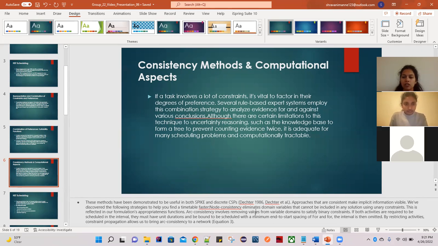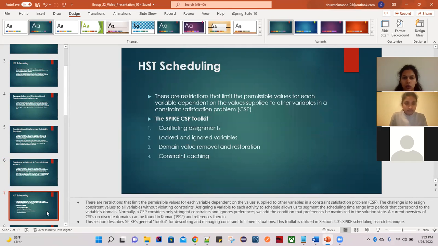This is reflected in the formulation functions. If both activities are required to be scheduled in the interval, then they must have unit durations and be bounded to be scheduled with a minimum end-to-end spacing approach. Coming to the scheduling functions, the toolkit consists of four important factors: conflicting assignments, logged and ignored variables, domain value removal and restoration, and constraint caching.